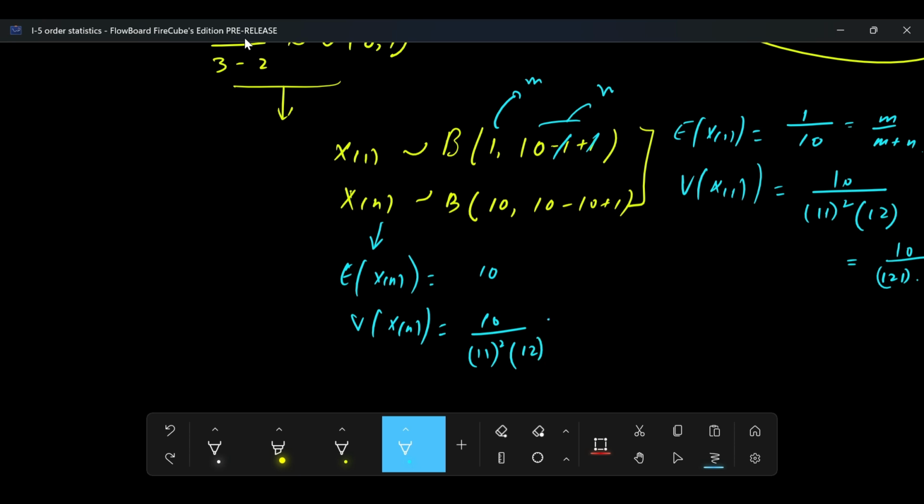So this is the expectation and variance of x1 and xn, right? x1 and xn.